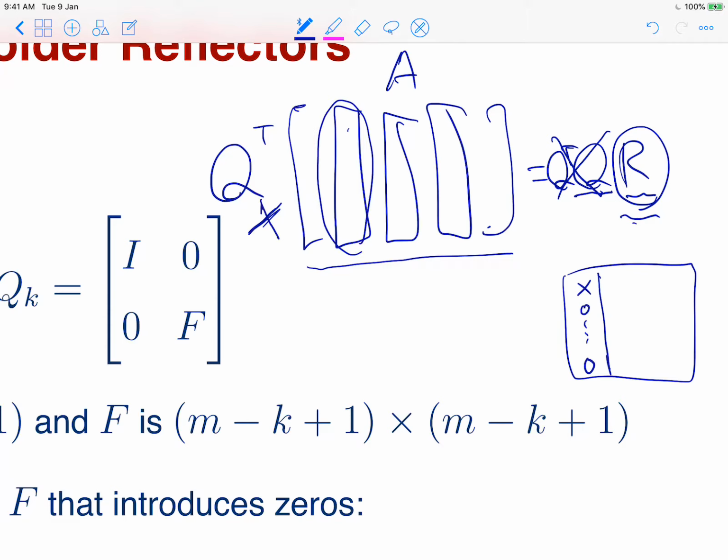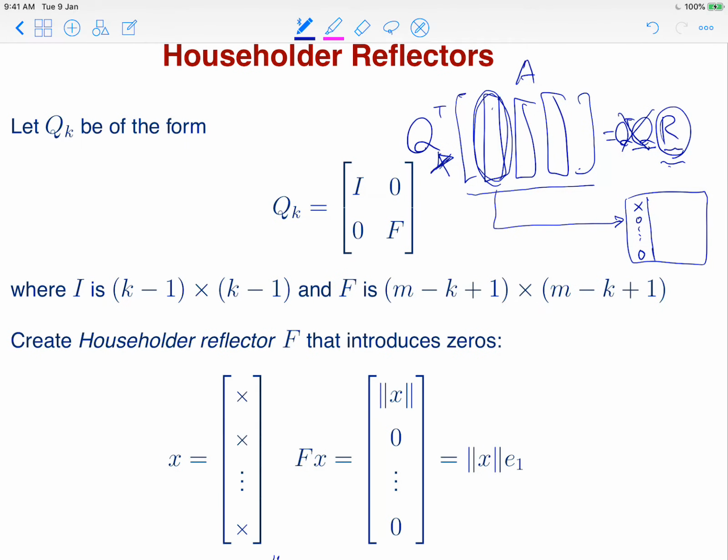By multiplying this Q transpose with the first column vector that we originally have, we want to obtain the vector that has only the non-zero in the first dimension and all zero in the remaining dimensions, right? So in this case, we want to perform this operation using this reflector matrix.